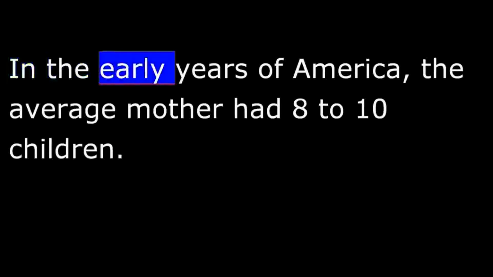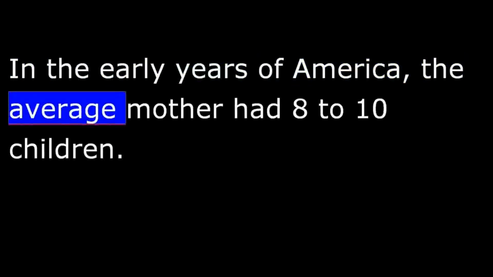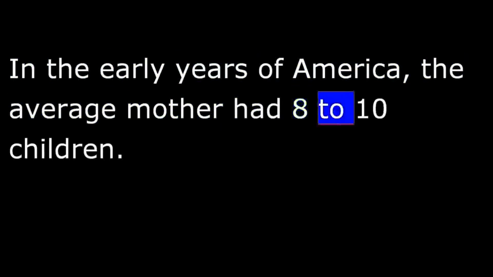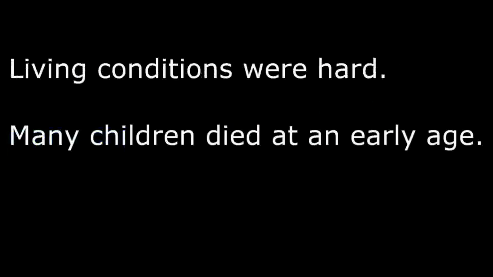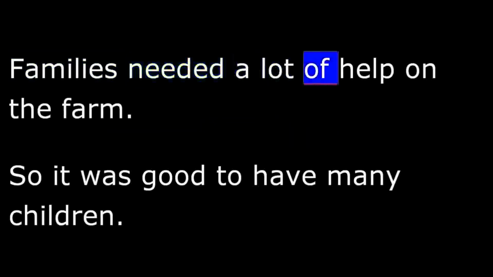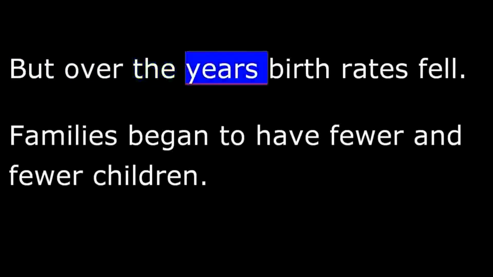In the early years of America, the average mother had 8 to 10 children. Living conditions were hard. Many children died at an early age. Families needed a lot of help on the farm, so it was good to have many children. But over the years, birth rates fell.